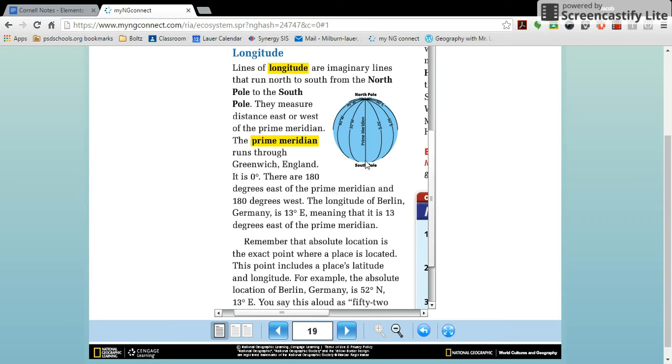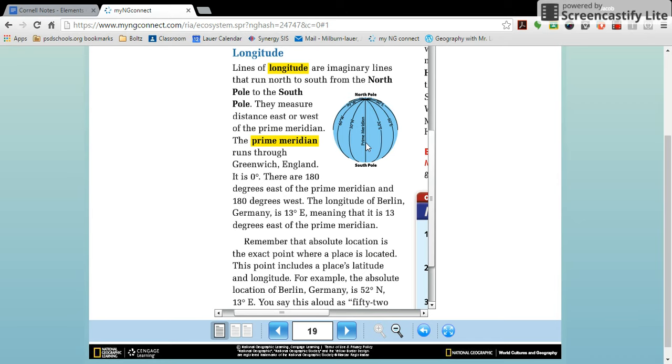All right, let's go back so that we can understand this a little bit better. So here's the prime meridian from the North to the South Pole. England is right here on the map. Prime meridian is 0 degrees of longitude, up and down. There are 180 degrees east of the prime meridian and 180 degrees west.